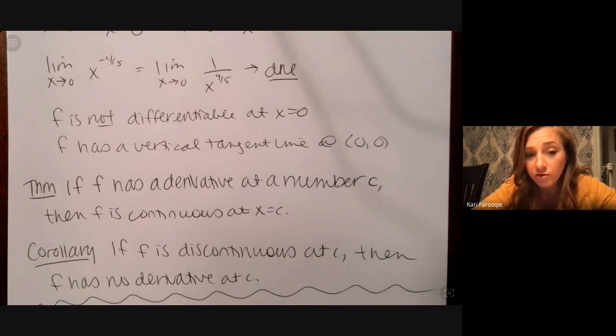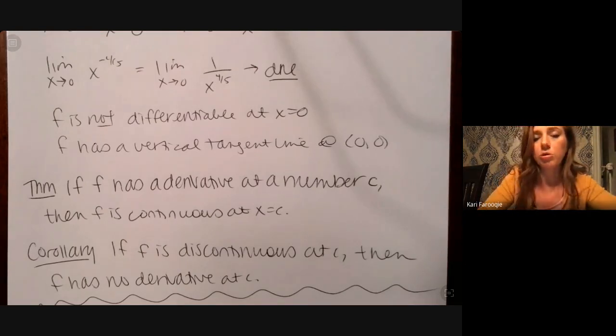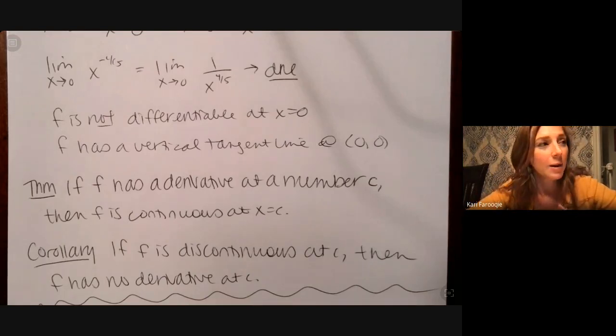Chapter 2, I stated this in class, is going to be your easiest chapter. The derivative rules that we're going to be talking about in chapter 2 are easier than the ones in chapter 3. The ones in chapter 3 aren't crazy, but chapter 2 is really where you should be catching up and making up for some lost points that maybe you acquired in chapter 1, or maybe I should say did not acquire.